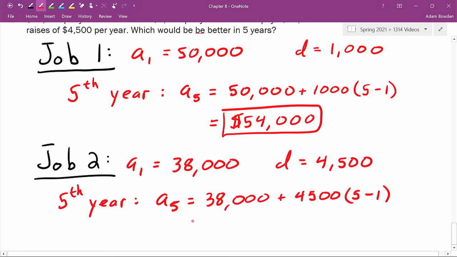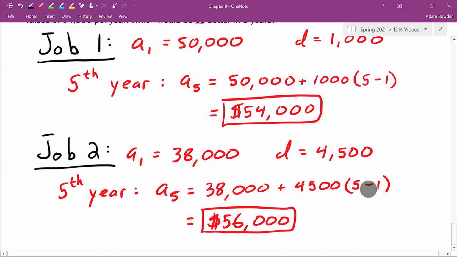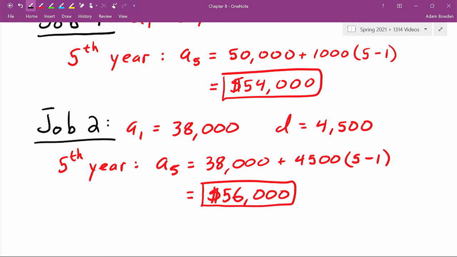And that's all equal to $56,000. So we can see here which one is bigger, and after 5 years, job 2 would be better.